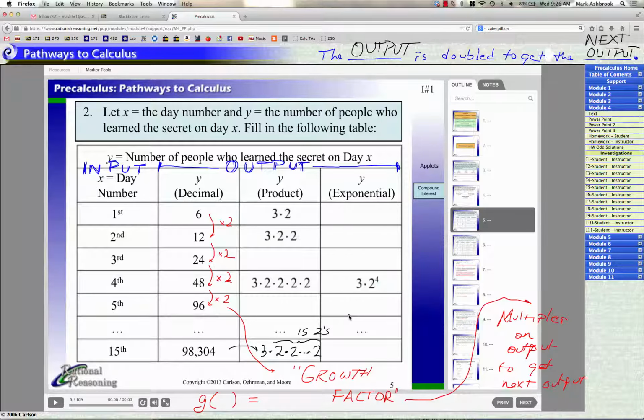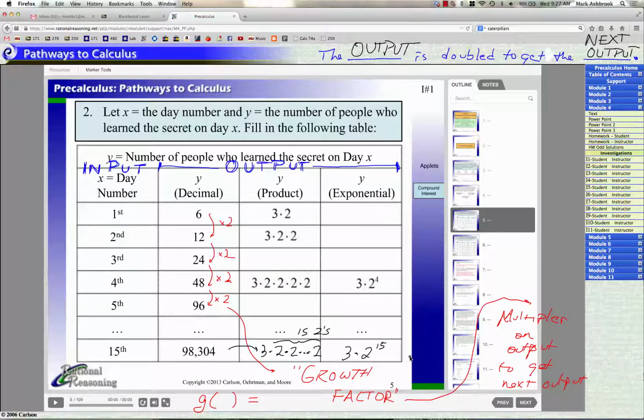So exponential form is a way to conveniently write this. So it'd be 3 times 2 to the 15th. The exponent here is purely a matter of convenience. It just makes this product notation easier to write.